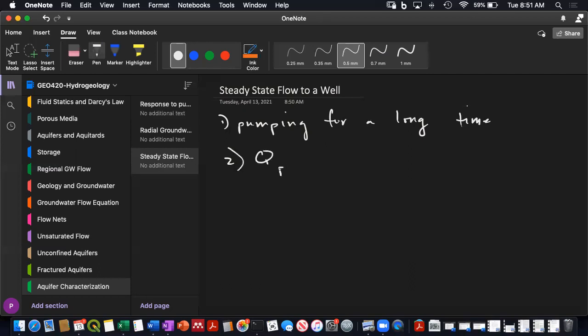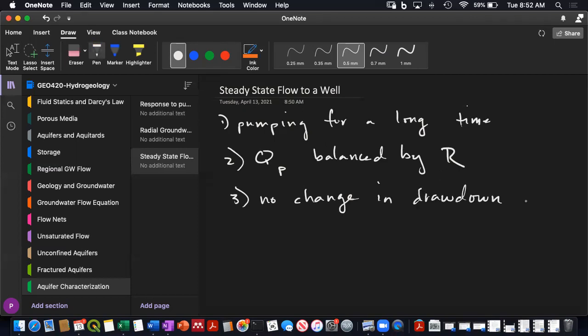The discharge from our pump, Q sub P, is balanced by recharge R. So there's no change in drawdown with time anymore.